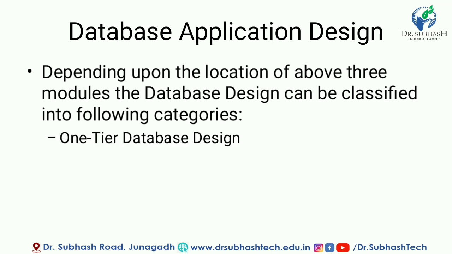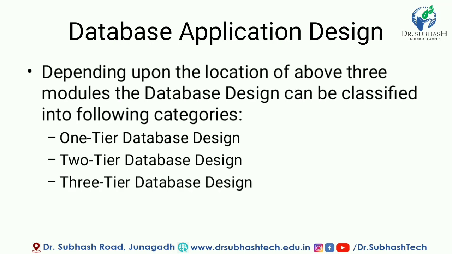First is one tier database design, second is two tier database design, and the third one is three tier database design, right? When all these three modules are included in a single system, then we can say that the particular application is a one tier database application, right?